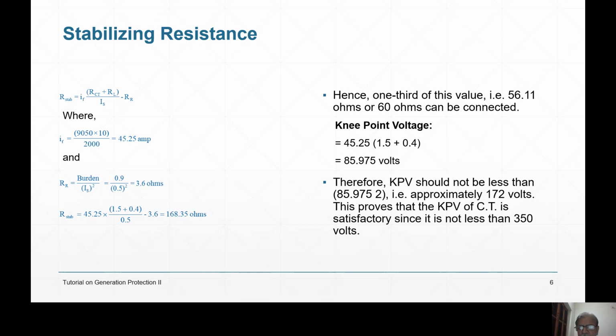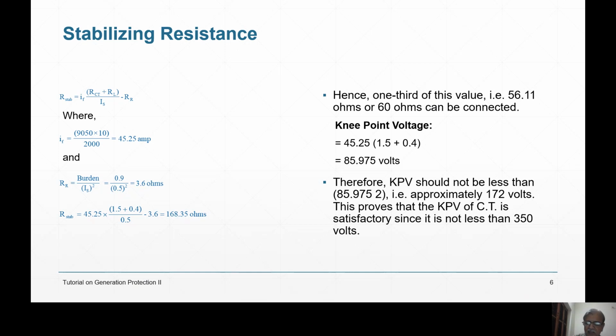The multiplication symbol is a typographical mistake here, but 85.975 into 2 is approximately 172. But we have purchased the CTs, the KPV of which is more than 350 volts. It should be more than 172 volts. No problem. Our CTs are correct. So we have purchased good CTs.